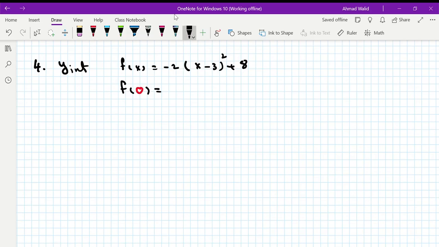It means wherever you have x on the right side, plug in 0. Then this one will be negative 2 parentheses 0 minus 3 squared plus 8. F of 0 equals negative 2 times 0 minus 3 gives you negative 3.